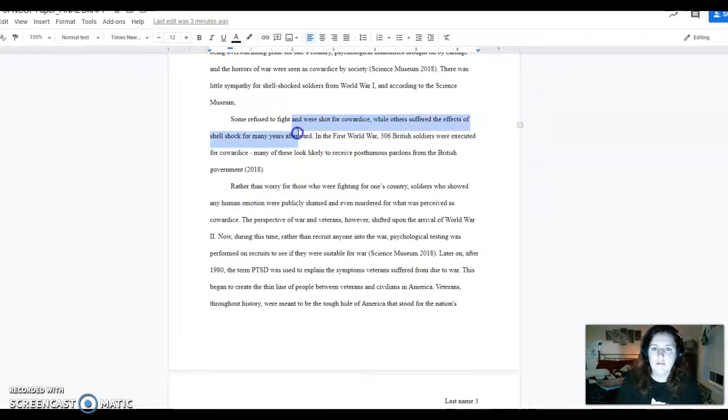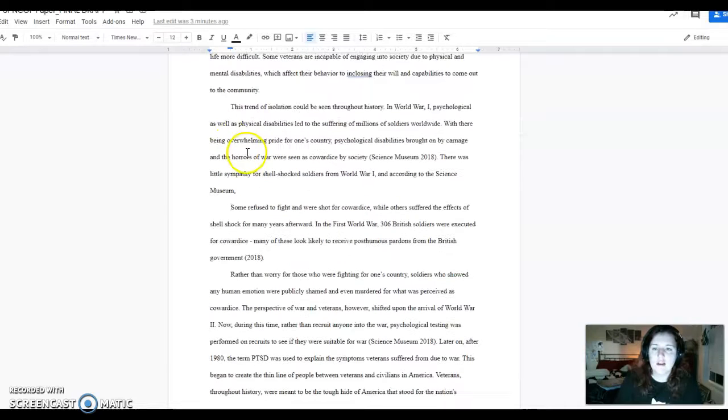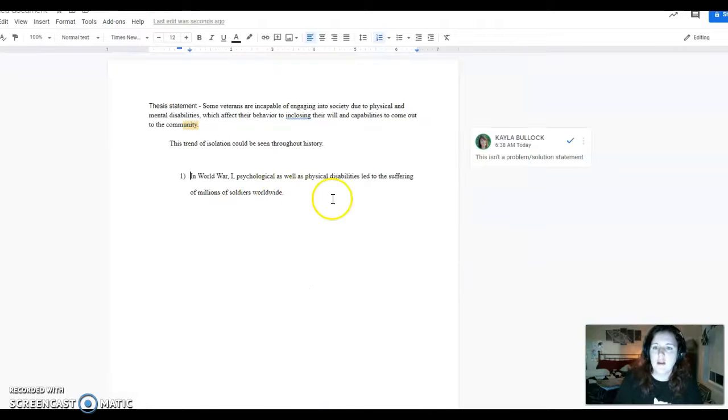Here is some more evidence that should have honestly gone in this paragraph, because it's still talking about World War I. So I would put this with the next paragraph. It's easy for me to see because I have a lot of practice, but what I'd do is take this claim and put it in here.